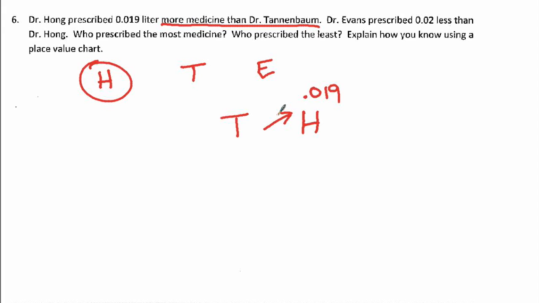But then Dr. Evans comes into this whole picture. Dr. Evans prescribed 2 hundredths less than Dr. Hong. How much less did Dr. Tannenbaum go?